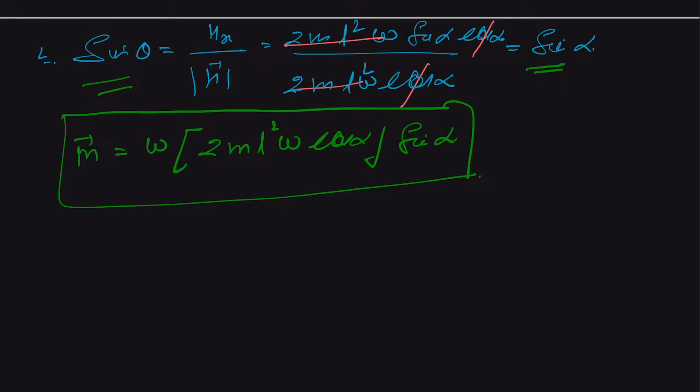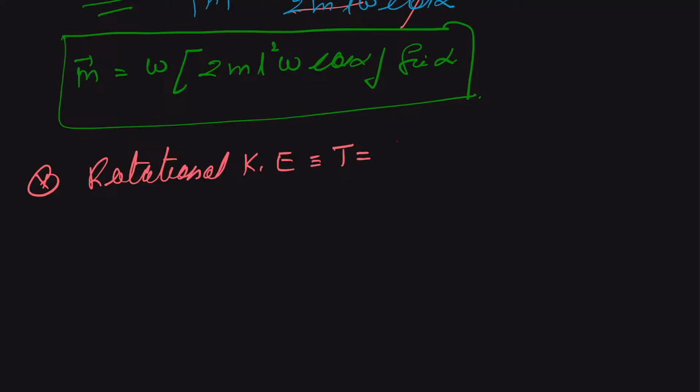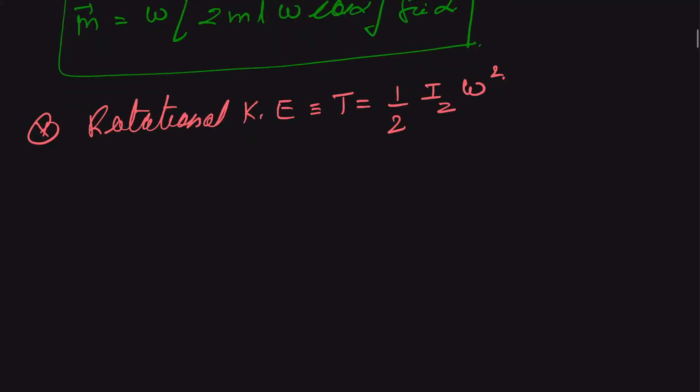And if required, we can also find out the rotational kinetic energy. So we have rotational kinetic energy, and let us suppose that is denoted as T, then T will be equal to half moment of inertia about our z, times omega square. Okay.